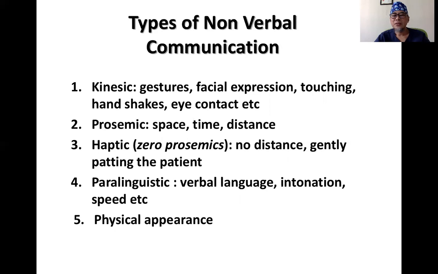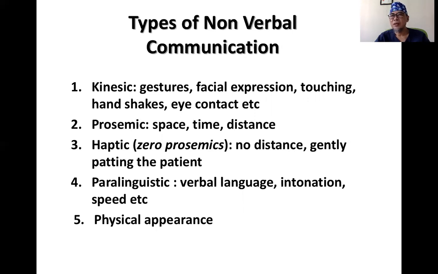This concerns no distance, usually between family members. While proxemic distance may be social distance or physical distance. Social distance is a relationship between the teacher and the students, where there is distance, or the boss and the employee.